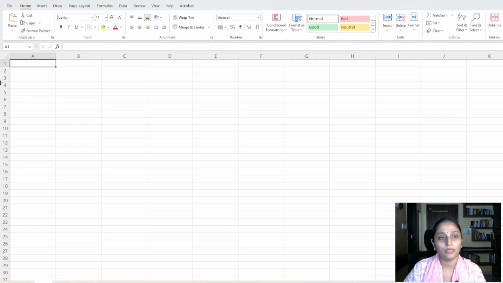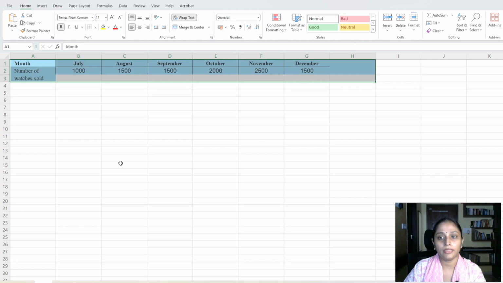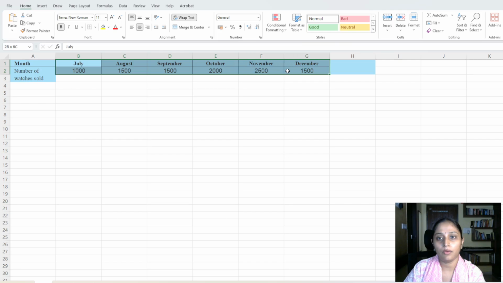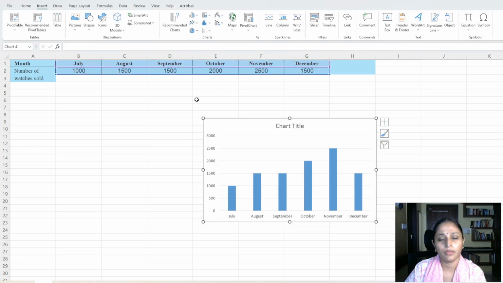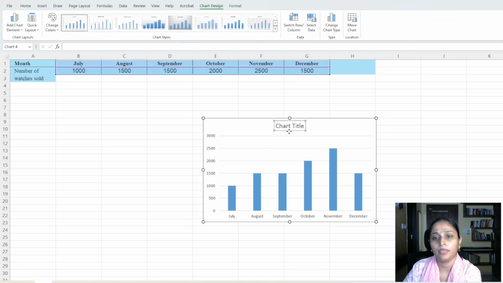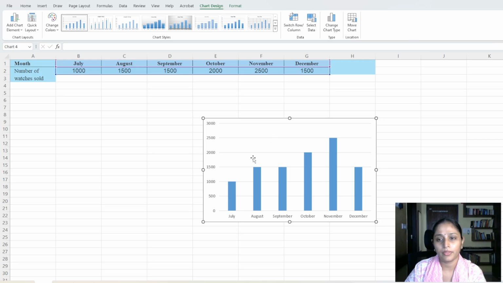So here, this is the information given to us. Now what we are going to do is, I want a graph for this particular data. So select the data and go to insert and have a graph. So this is my graph for the given information.